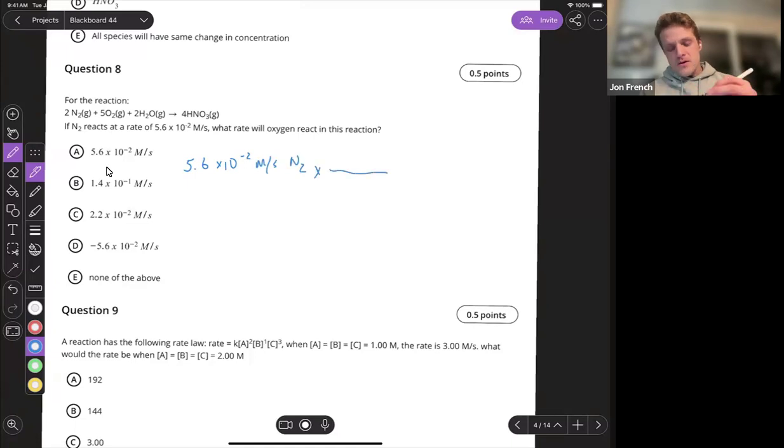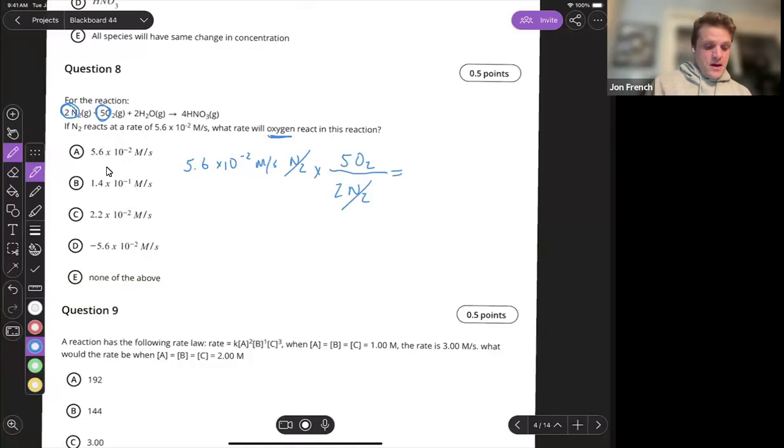Well, we're going to go to the balanced equation. The balanced equation tells us for every 2 nitrogen, we need 5 oxygen. So we're going to try to get nitrogen to cancel out. So I need 2 nitrogen down here, 5 oxygen up here, right? Nitrogen cancels out. We multiply by 5 over 2, and we should get a faster rate.